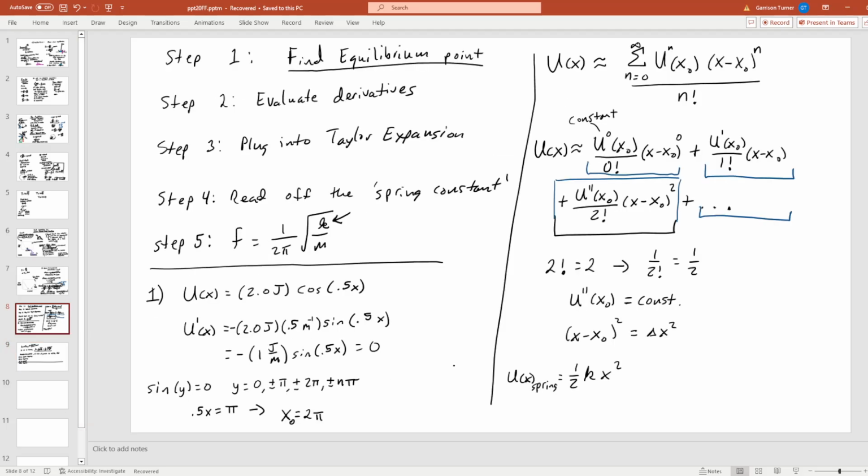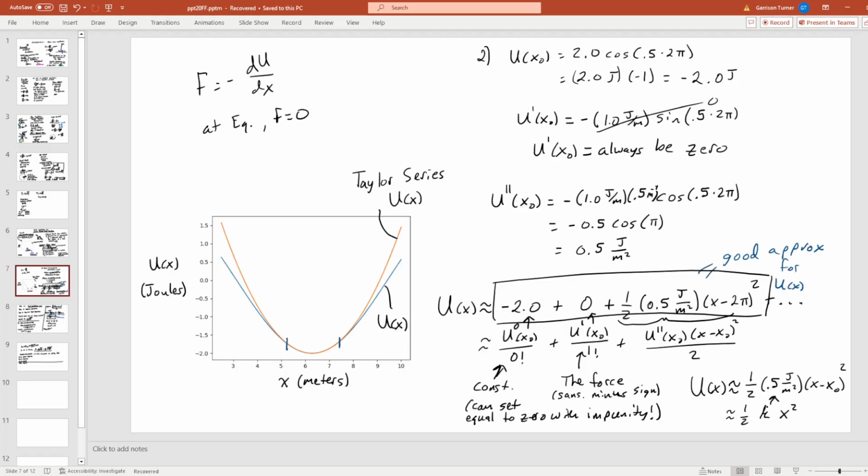So K for us, I put it over here, didn't we? K for us is going to be 0.5. Is that correct? Yes. Yeah, because it's right here. Right? So K for us is 0.5 joules per meter squared.